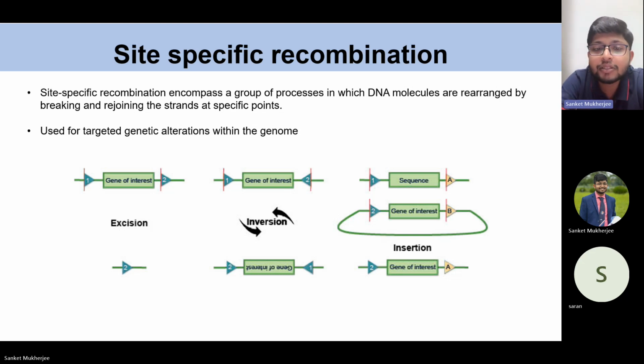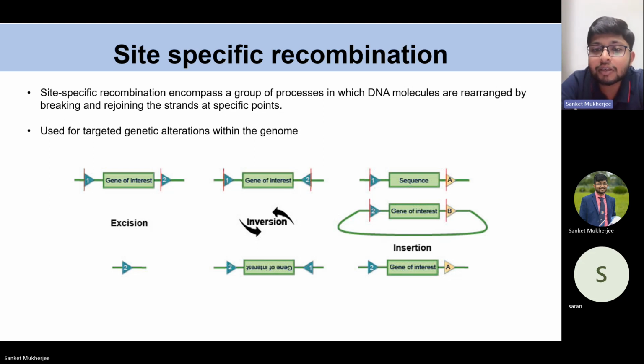Another thing that could happen is inversion, where the gene of interest is inverted 180 degrees, as you can see here. And another thing which we could do is insertion. So let's say there is a sequence which is present in a plasmid and it is not present in the genome. Using this process will essentially insert the gene of interest in the genome.